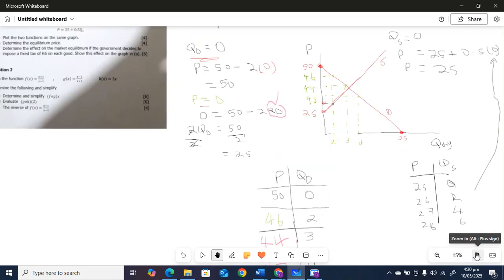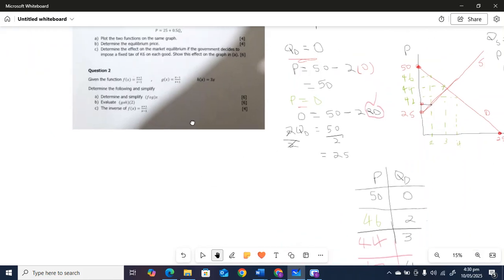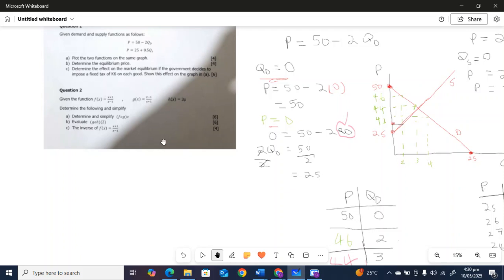All right. So we're going to the next part now. We have to determine the equilibrium price. And after determining the equilibrium price, you can also determine the equilibrium quantity. Now, colleagues, I believe we remember this.